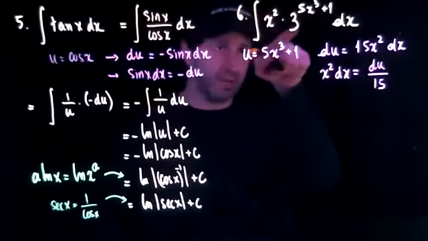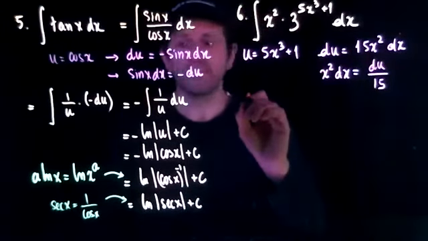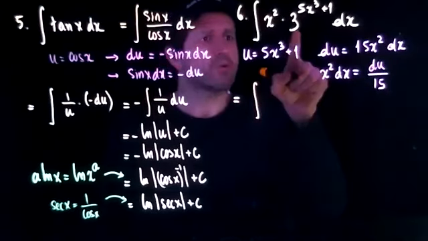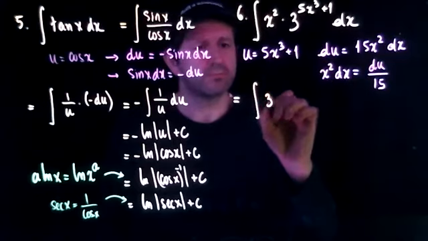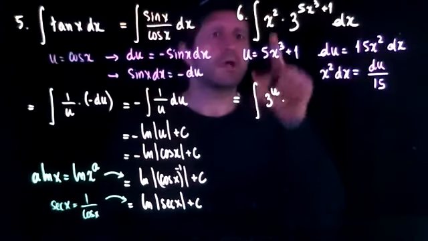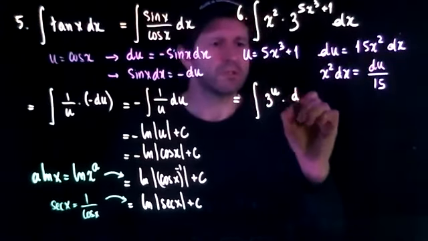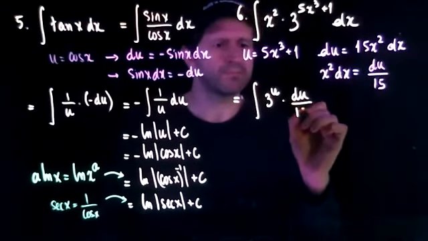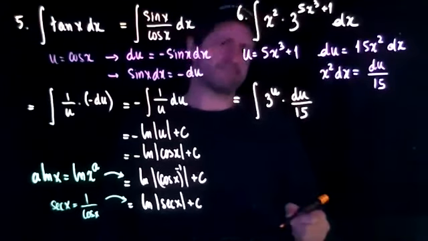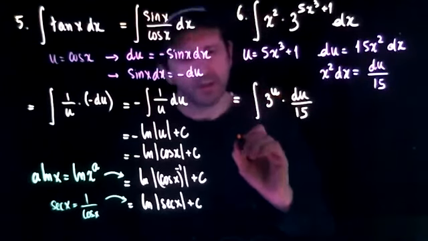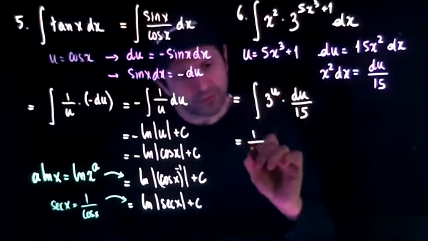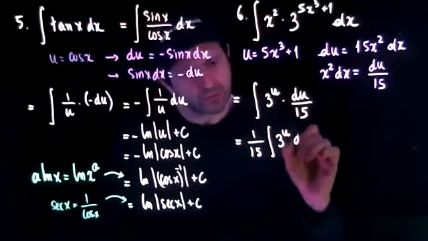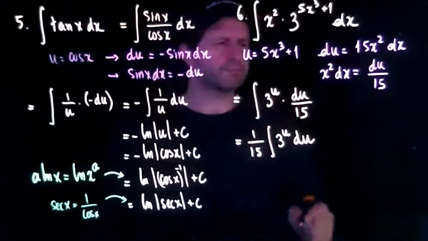And now replace here. So my integral becomes 3 to the power u times x squared dx, which is du over 15. So I have 1 over 15 integral of 3 to the u du.